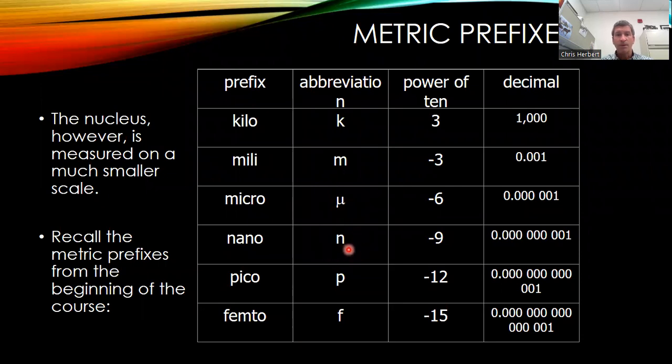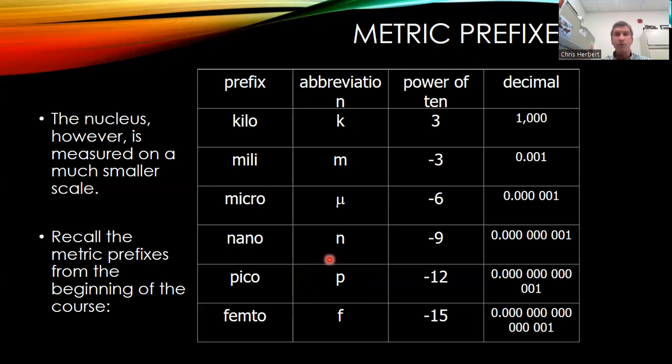When we talk about the size of the atom, we're typically talking about a fraction of a nanometer, or hundreds of picometers. When we talk about a nucleus, we actually have to go to an even smaller scale.